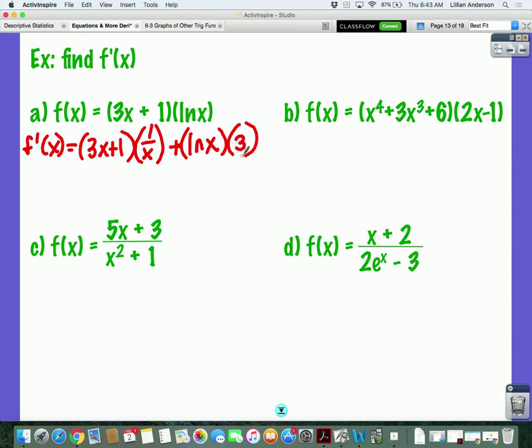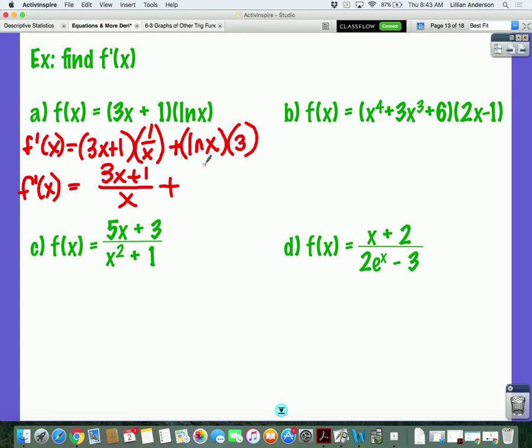So you actually want to multiply 3x plus 1 by 1 over x, and you want to multiply ln of x and 3. So when you multiply the first two together, what's 3x times 1 over x? It's 3x plus 1 all over x, so it's 3 plus 1 over x.